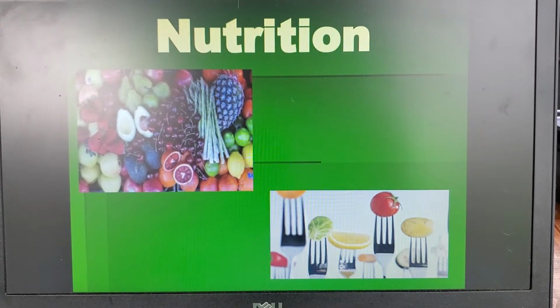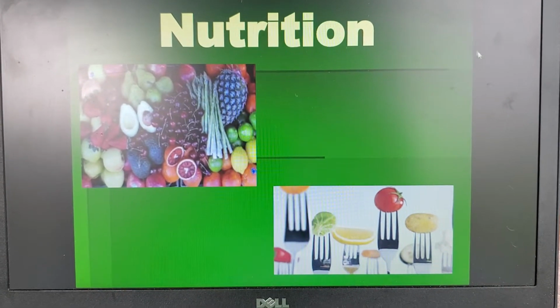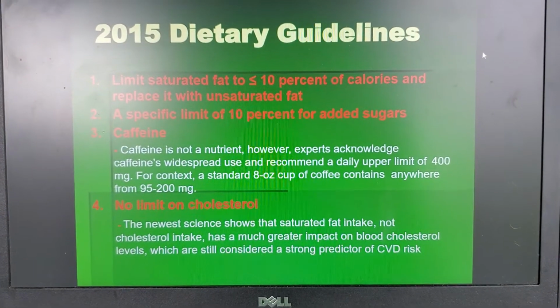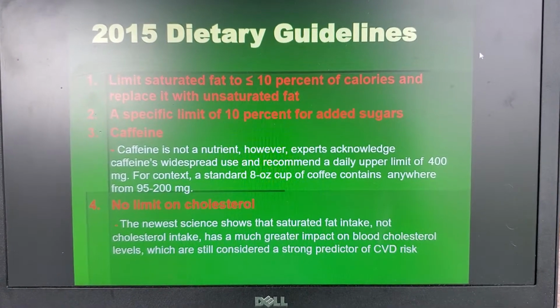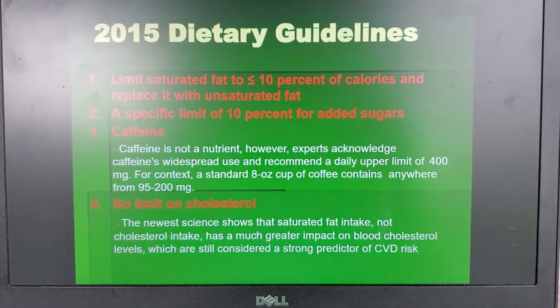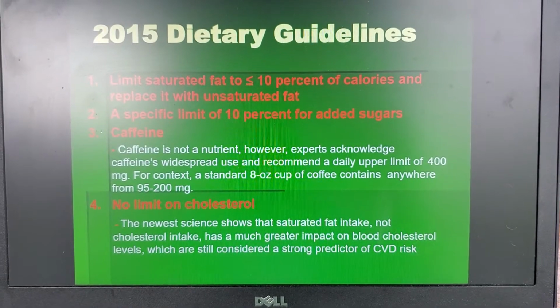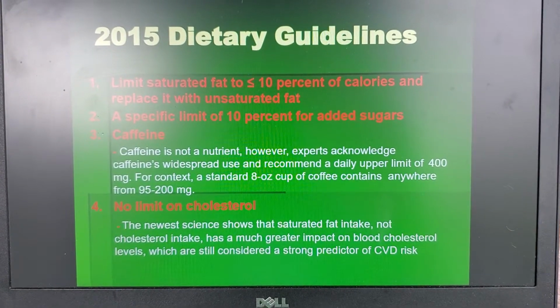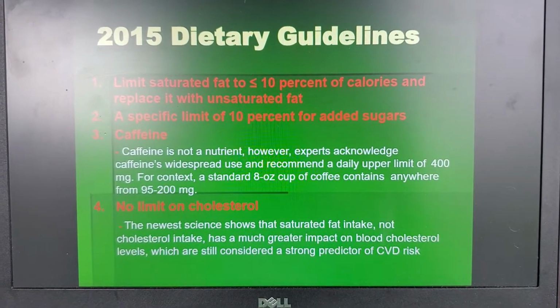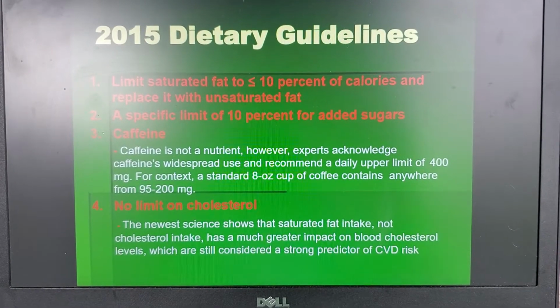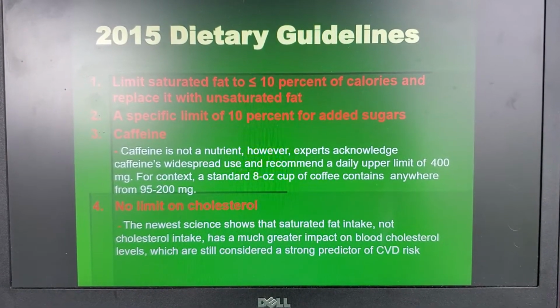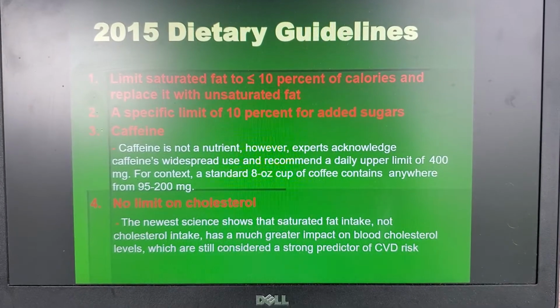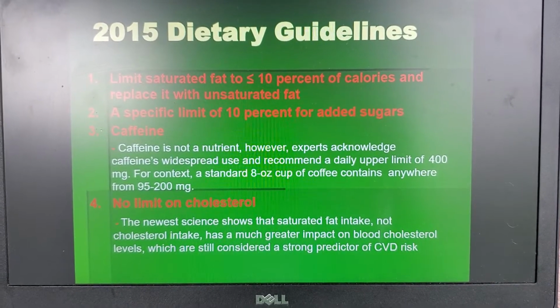All right, nutrient note guide. Like I said, super important. Dietary guidelines, these are a little bit older, but these are the most updated ones we have. Typically this stuff kind of lags a little behind. Some of the large updates here are a limit on saturated fat and replacing it with unsaturated fat, and a specific limit on added sugar.